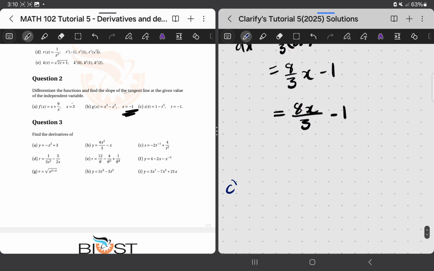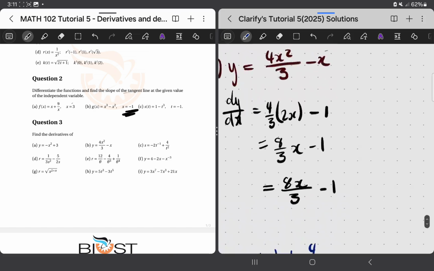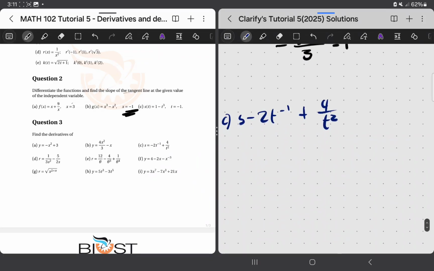Now we can go to the third part, which is part C, s is equal to negative 2t to the negative 1 plus 4 over t squared. As long as we have the thing we are differentiating in a fraction, we cannot differentiate. Remember that this is the s. That is part C. S is equal to this, okay? So what do we do? First, we rewrite the s.